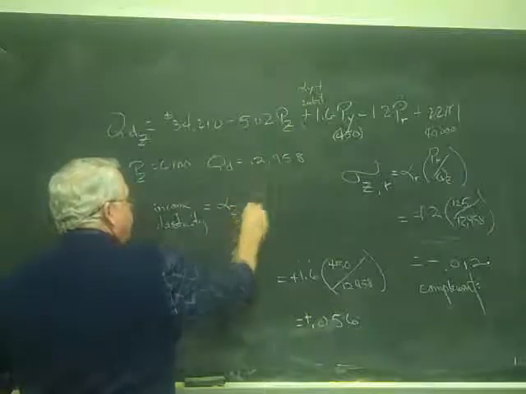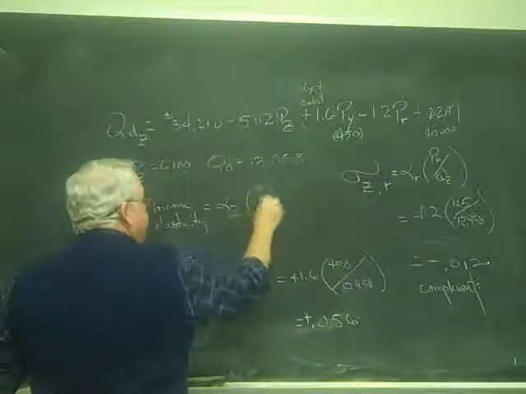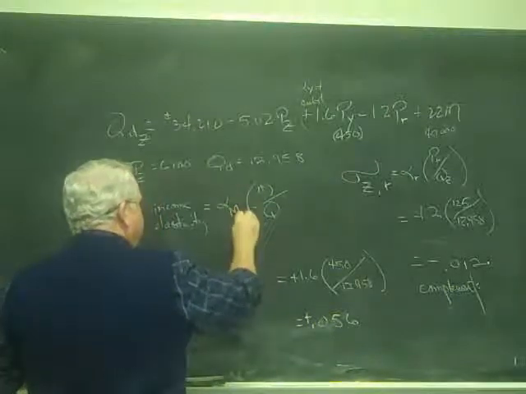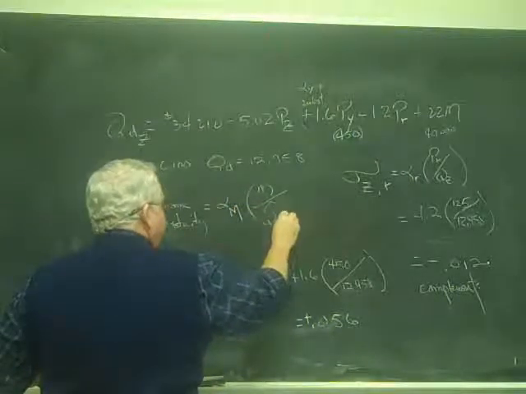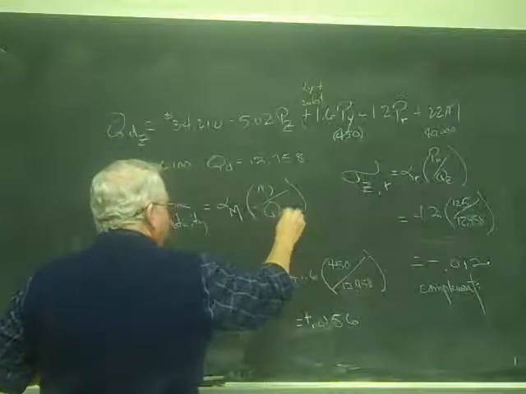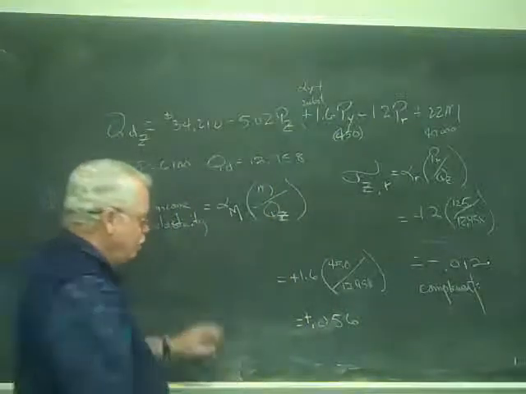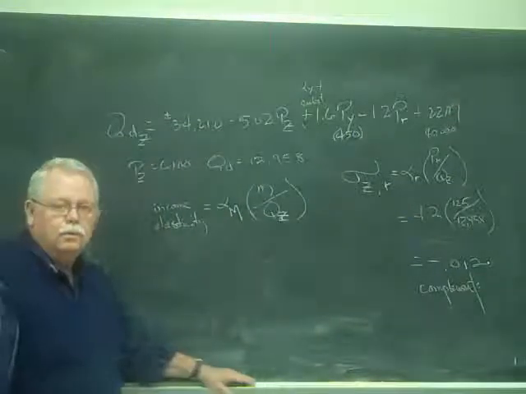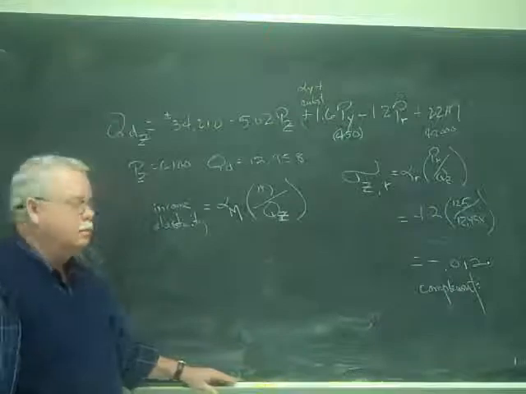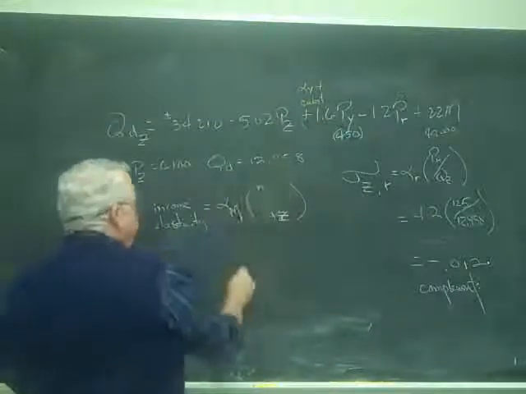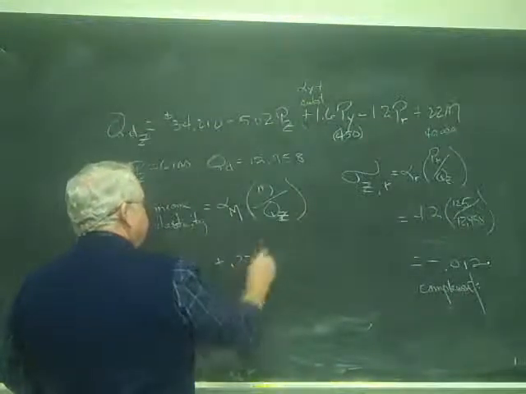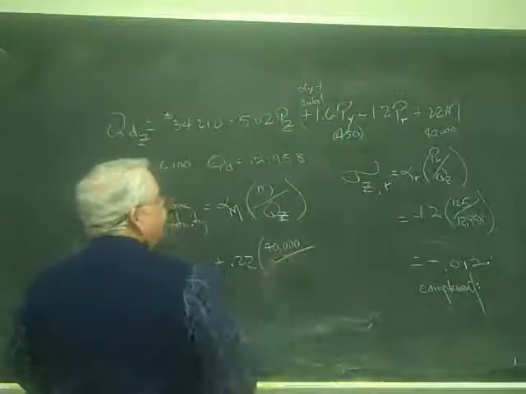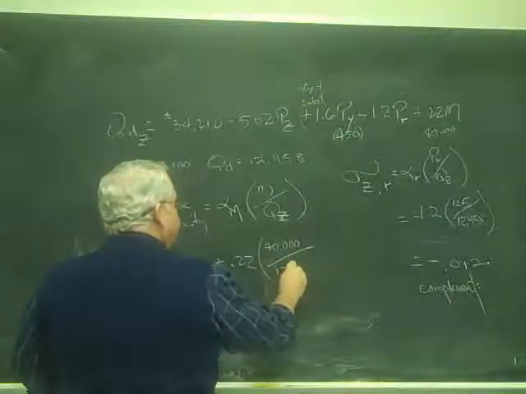Alpha M times income over quantity of Z. Alpha M is positive 0.22. Incomes are 40,000. And quantity is 12,958.